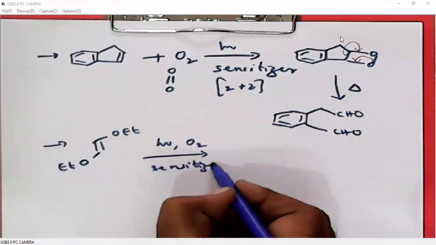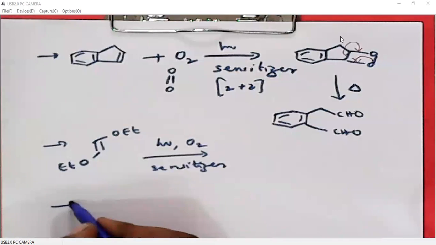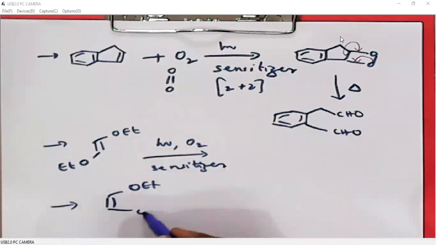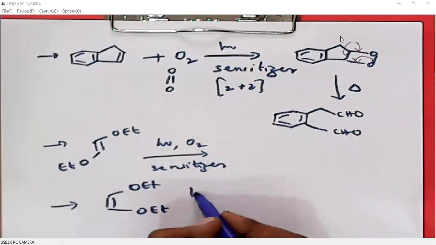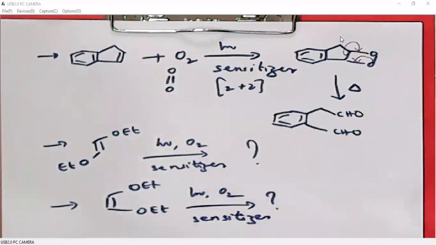When we have a trans double bond, the cyclic peroxide will be trans. When we have a cis double bond, the cyclic peroxide must be cis. Okay, you write the products. Just cyclic peroxides.